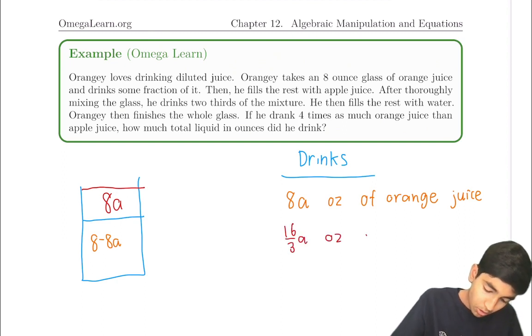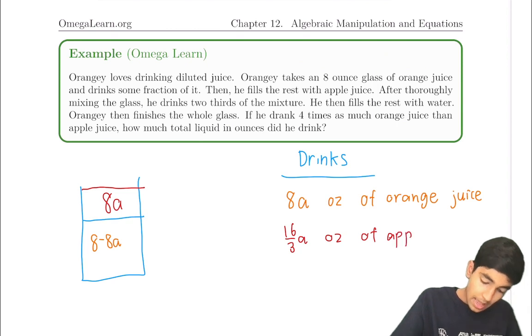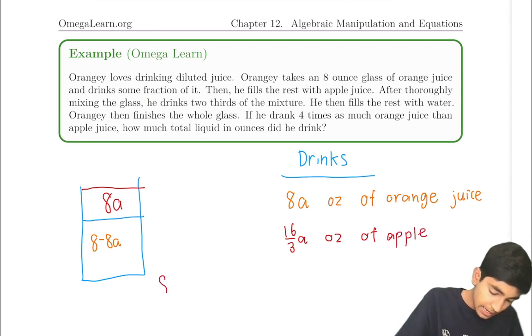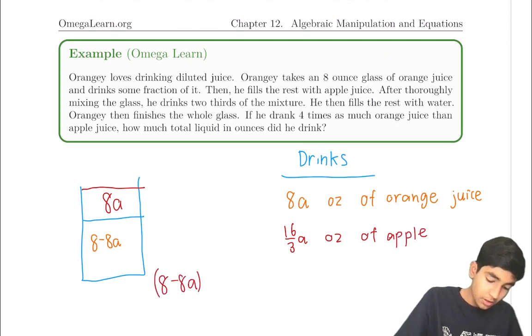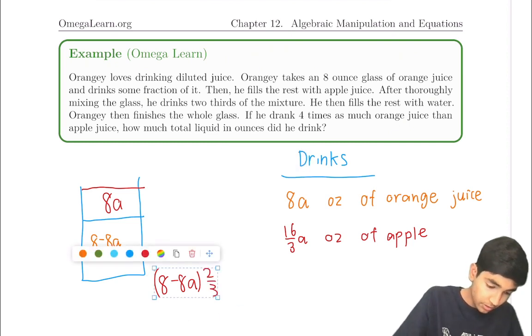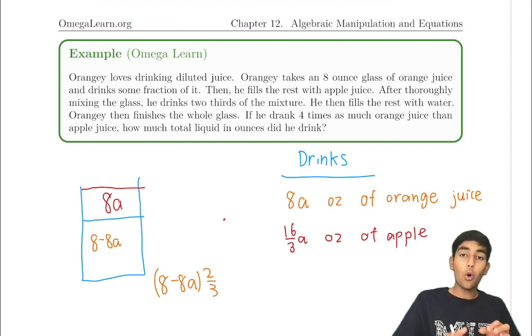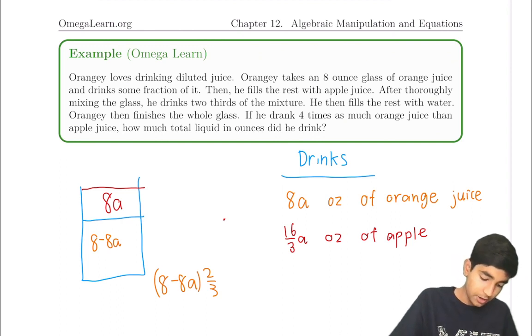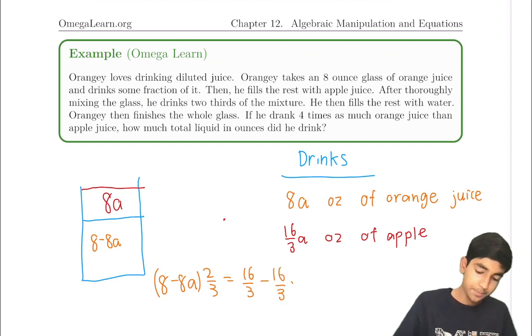And 8 minus 8A times 2/3 is how many additional ounces of orange juice Orangey will drink, which is 16/3 minus 16/3 A.